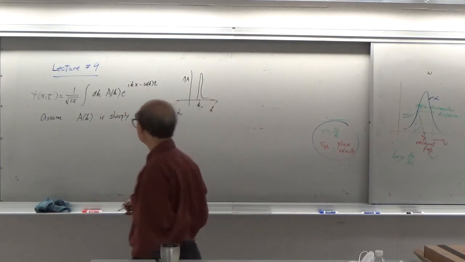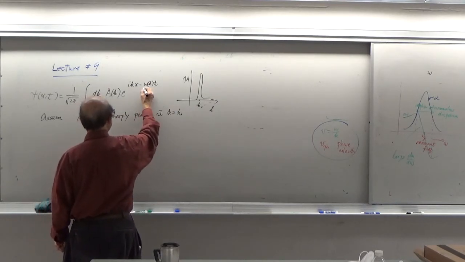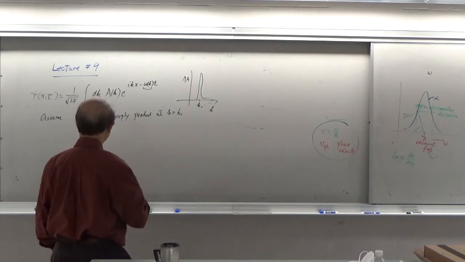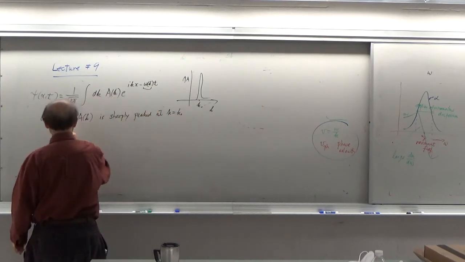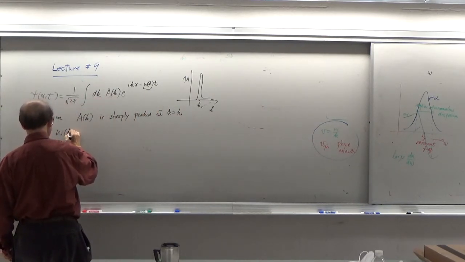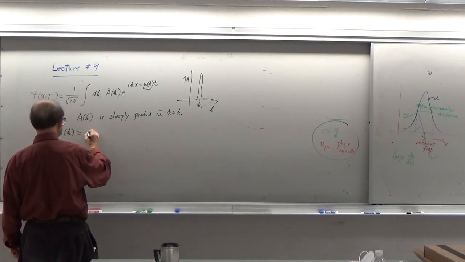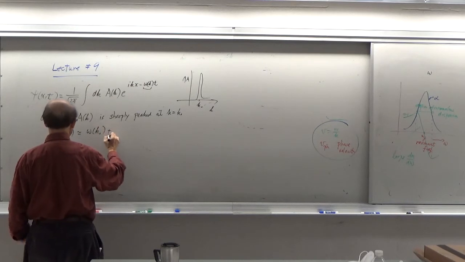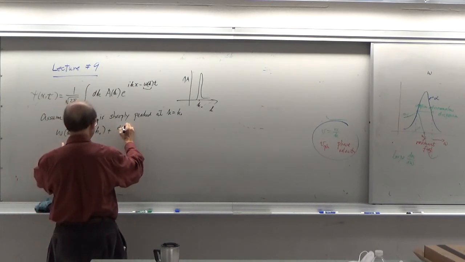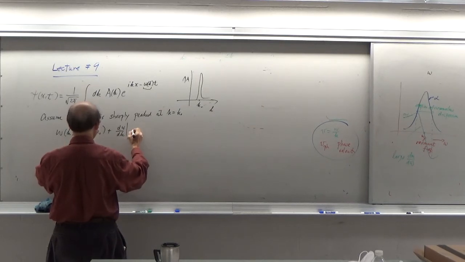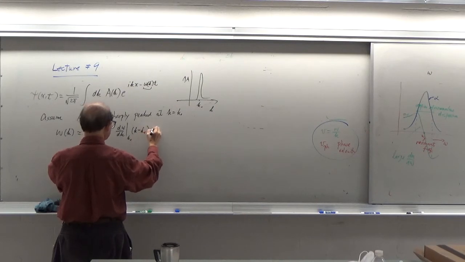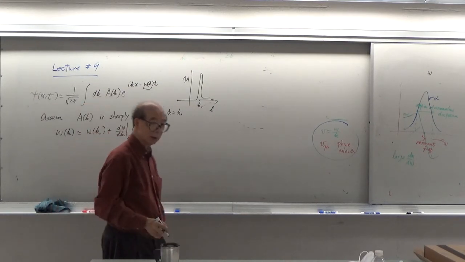If that were so, we can make an expansion of omega as a function of k around the value k equals k naught. So omega of k is roughly omega at k naught plus the derivative d omega by dk evaluated at k naught times k minus k naught, plus higher order terms, which I will ignore.